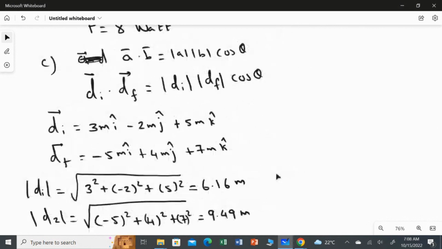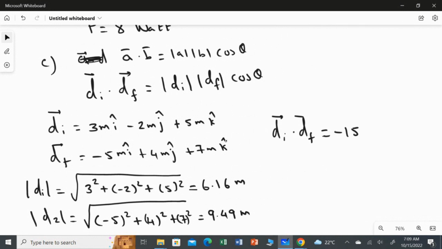So what is the A dot B? Better I can find the di dot df here, because it's very easy to calculate. As I already mentioned, you have to multiply i with i. So 3 multiplied by minus 5 is minus 15, and i cap dot i cap is 1.